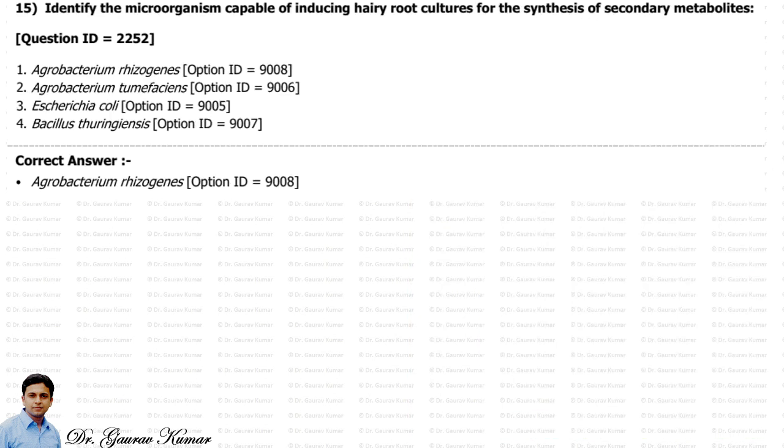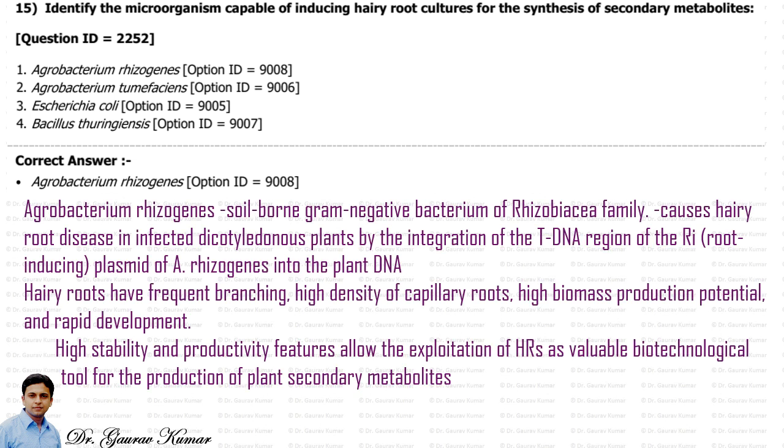Next question, identify the microorganism capable of inducing hairy root culture for the synthesis of secondary metabolites. So Agrobacterium rhizogenes, a soil-borne gram-negative bacterium of the Rhizobiaceae family, causes hairy root disease in infected dicotyledonous plants by the integration of the T-DNA region of the Ri plasmid, meaning root inducing plasmid, of Agrobacterium rhizogenes into the plant DNA.